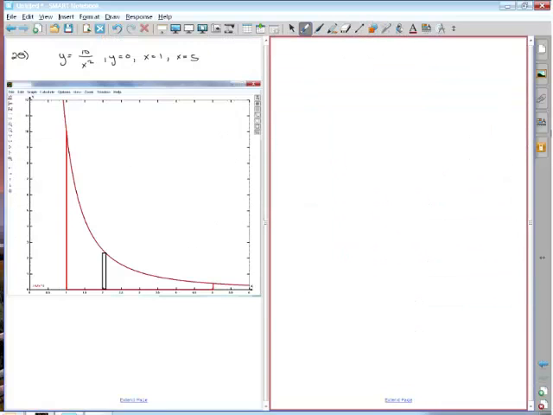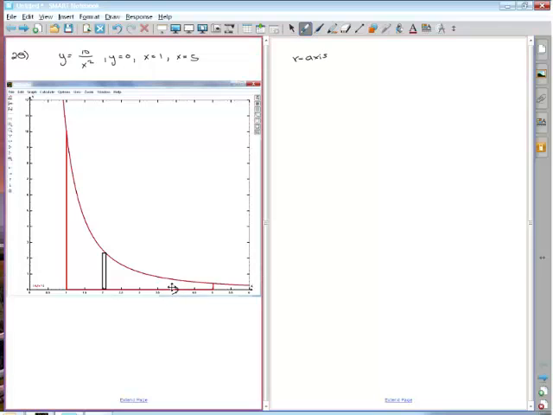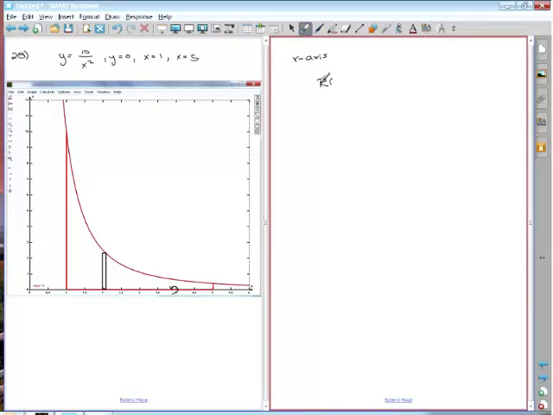So the first case is for the x-axis. So if we rotate around the x-axis, it's going to be a disk. And we only have r of x. We just have the outside radius, which is 10 over x squared.